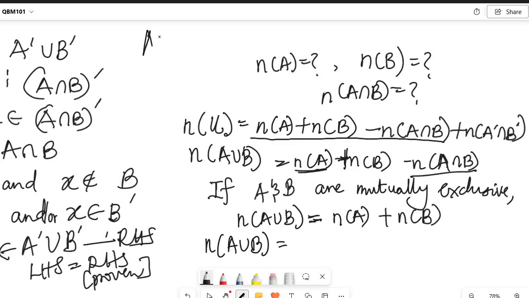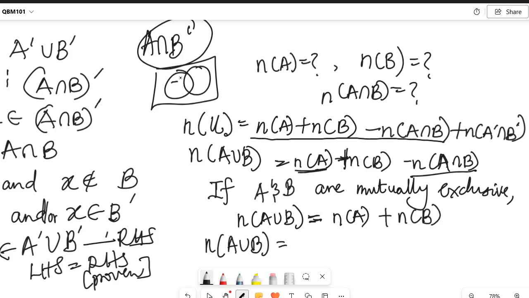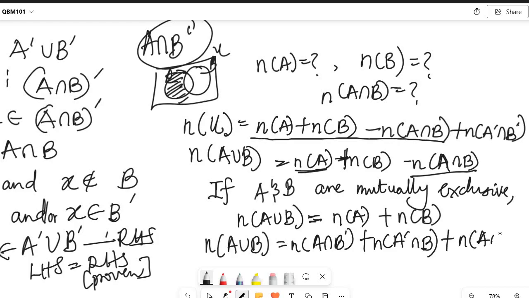Remember I call this A only or A alone, whatever you may call it, where I just shade what is in A alone. So what if I want to use that to define A union B? That means I will have A only plus B only, plus their intersection.